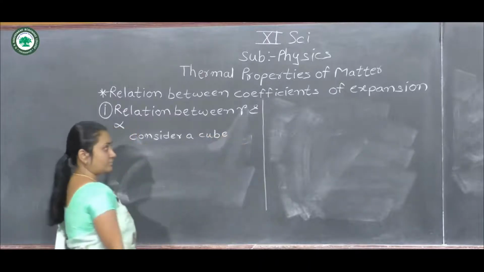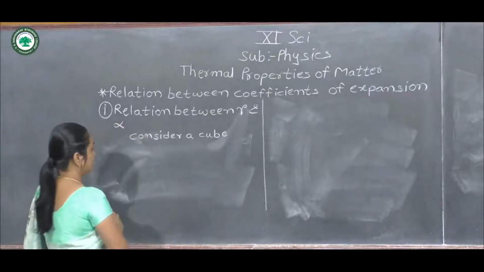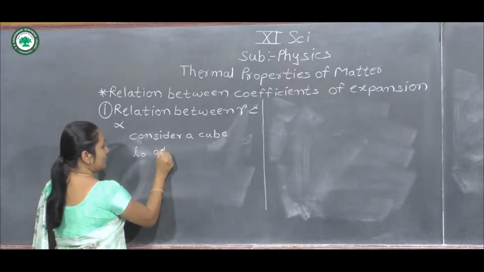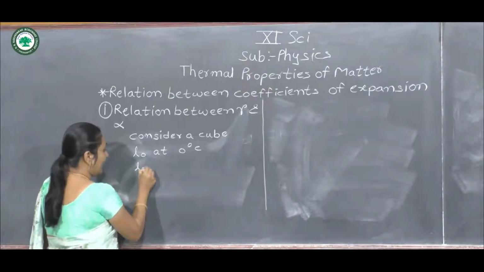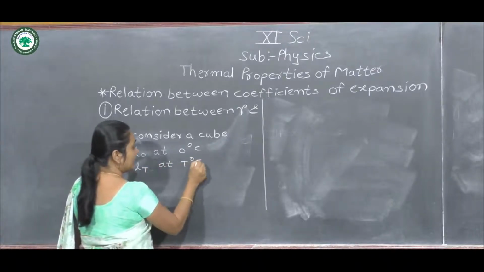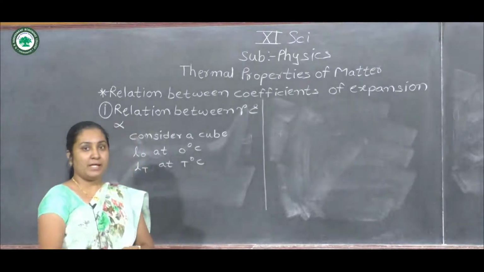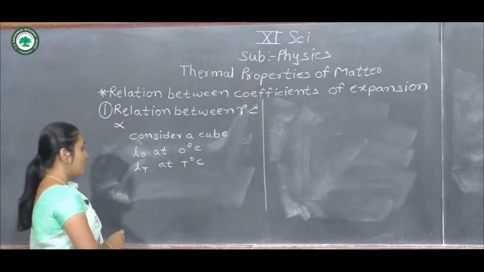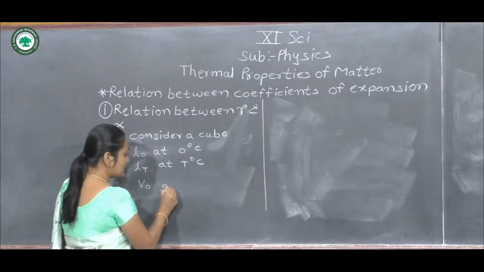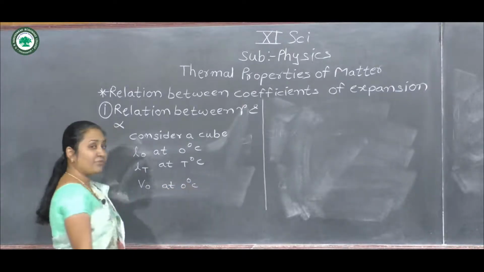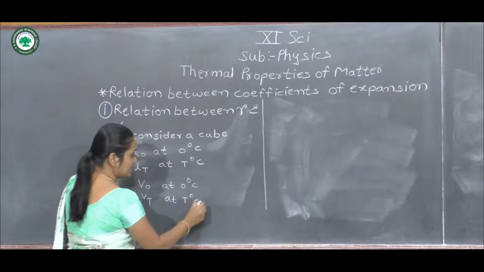This cube has a length L0 at 0 degrees Celsius and length LT at T degrees Celsius. V0 is the volume of the cube at 0 degrees Celsius and Vt is the volume of the cube at T degrees Celsius.